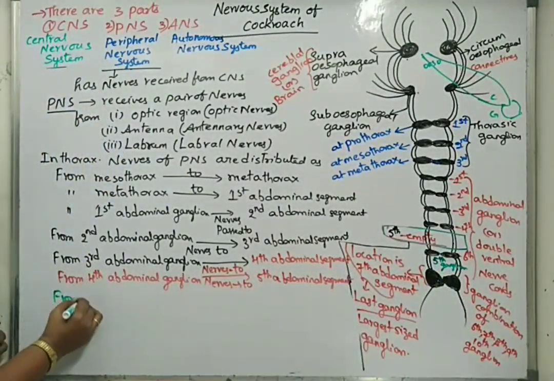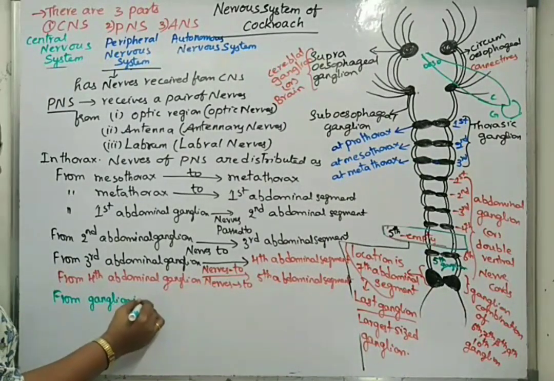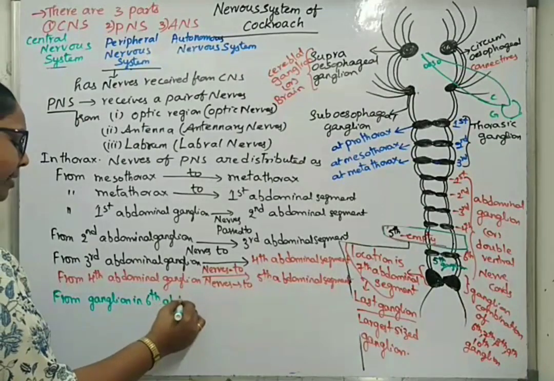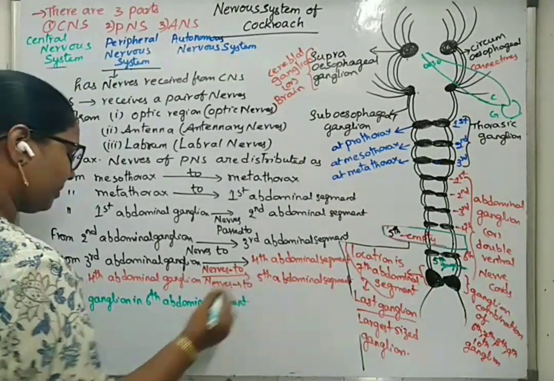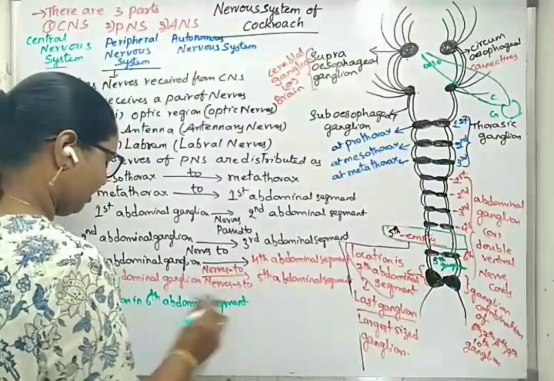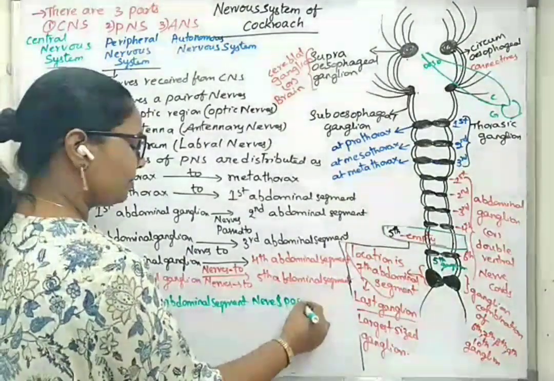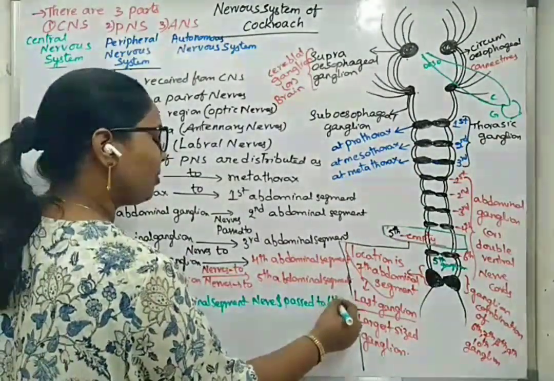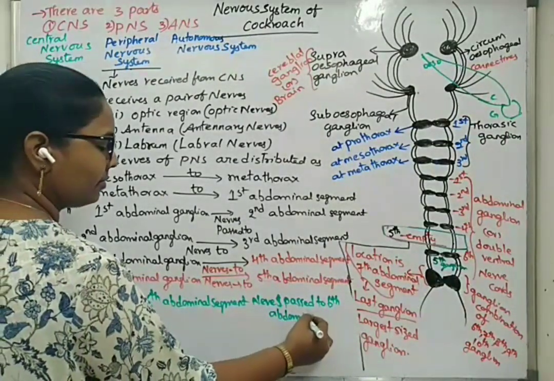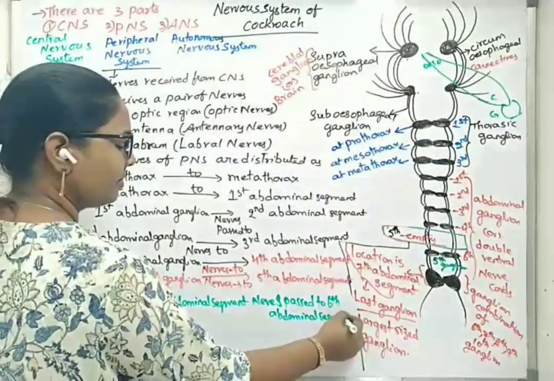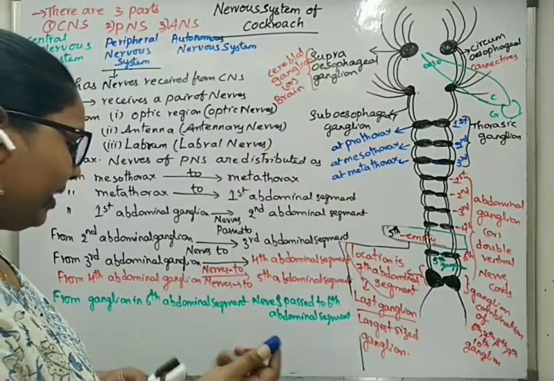From the ganglion in the sixth abdominal segment, nerves passed to the sixth abdominal segment, because the fifth abdominal segment is not having any ganglion.